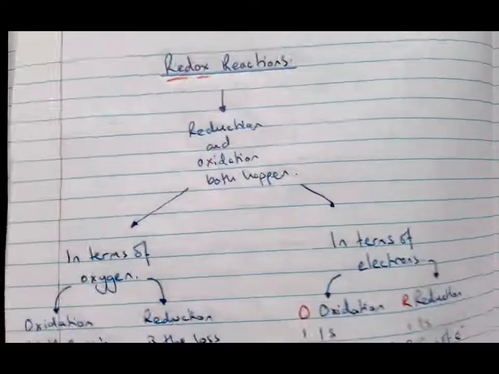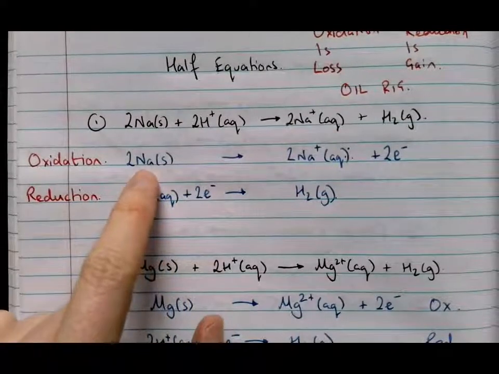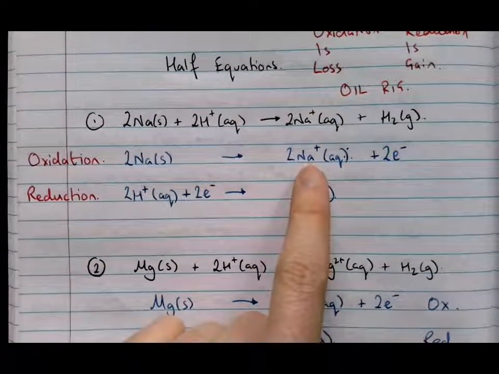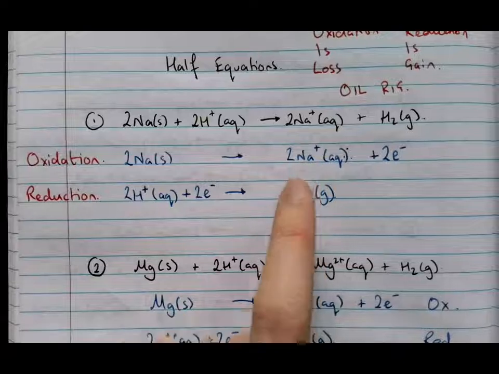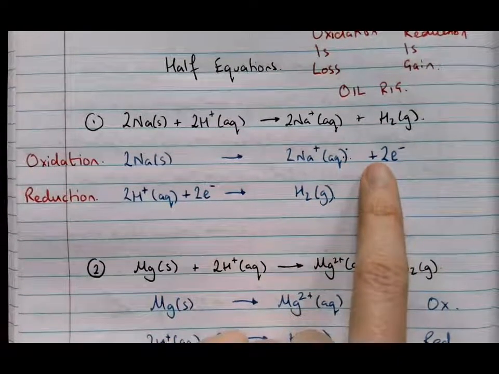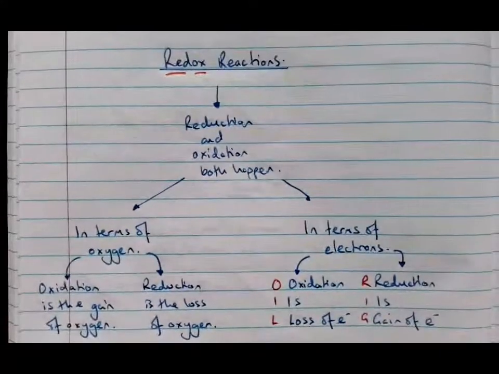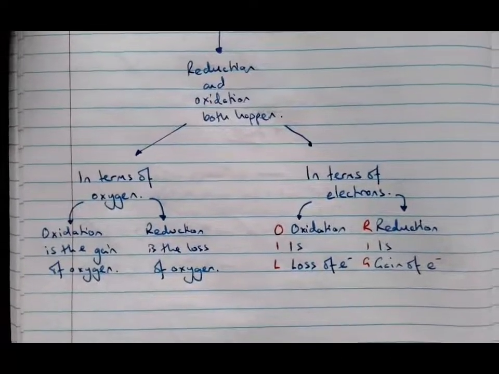So in this example from last week, sodium, we're not necessarily gaining any oxygen here. Okay, it could be gaining a chloride ion or something like that. But we are losing electrons, so it can be called oxidation.